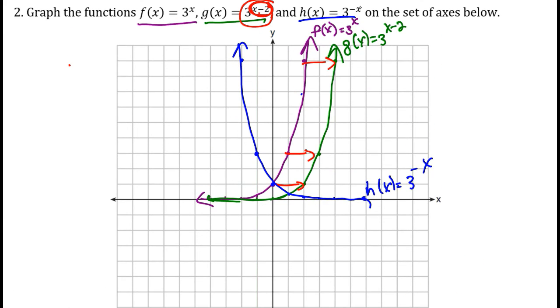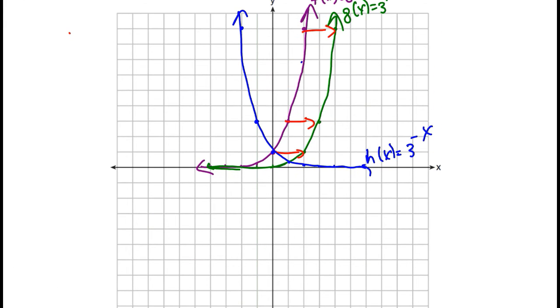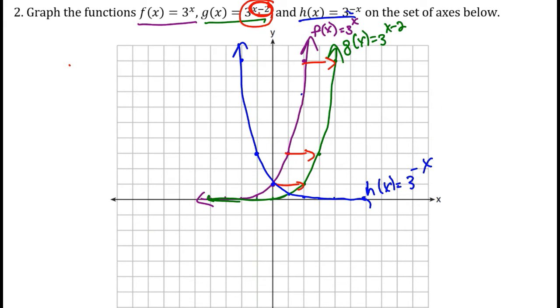So having that negative on the inside, that negative x, apparently reflected that function across the y-axis. Hopefully you actually plotted these points using a table instead of just freehanding sketching it. If I ask you to graph it, I actually want you to plot points. That's different than sketching.